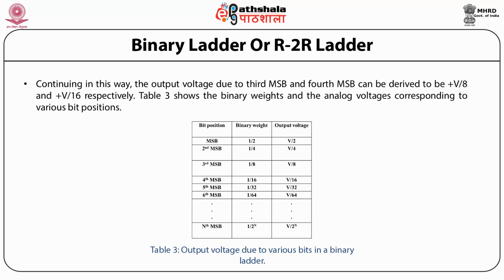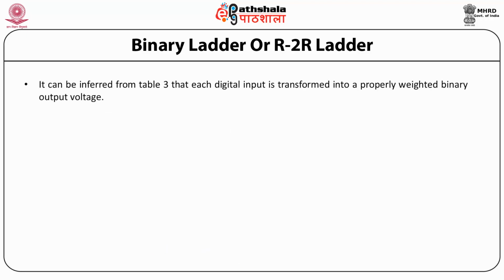The table shows the binary weights and analog voltages corresponding to various bit positions. It can be inferred from the table that each digital input is transformed into a properly weighted binary output voltage.